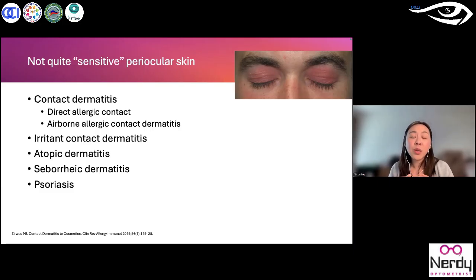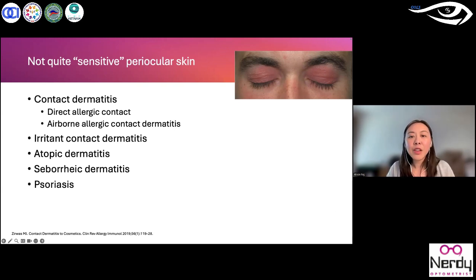If your patients are going for things like shellac manicures, or nail extensions with acrylates, that's another really common allergen that is written about quite a lot, and patients don't necessarily associate things on their hands causing an eyelid condition. But if you think again about how thin this eyelid region is, it's not surprising that this can happen.